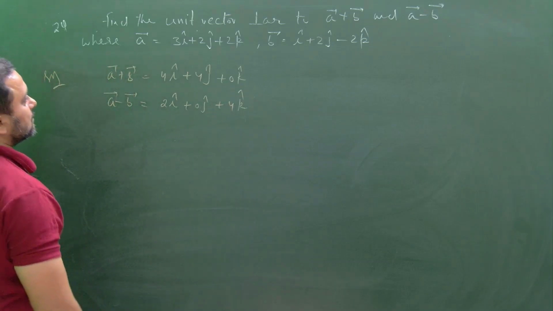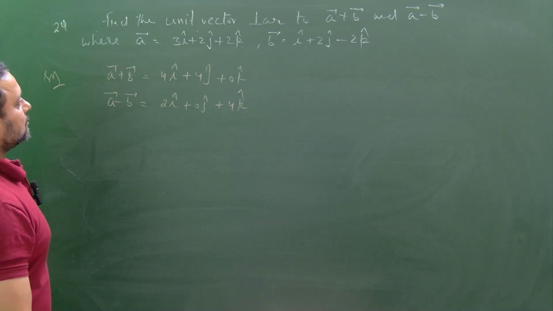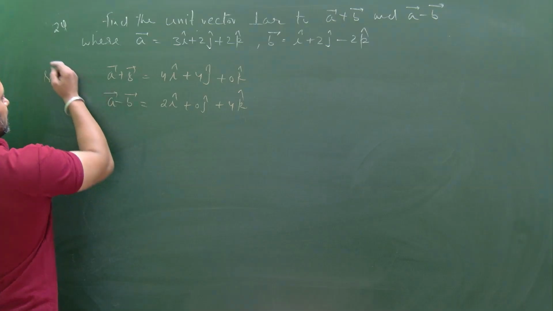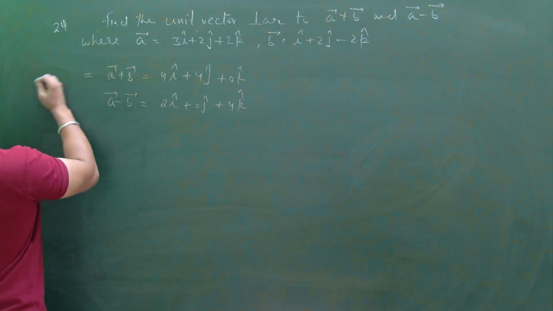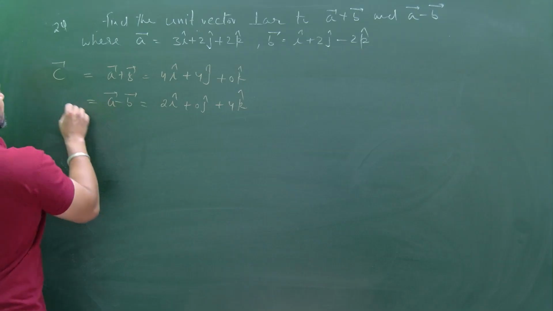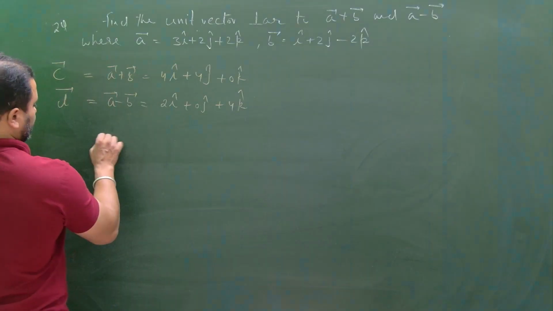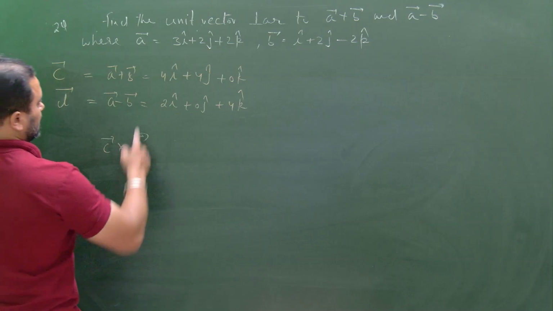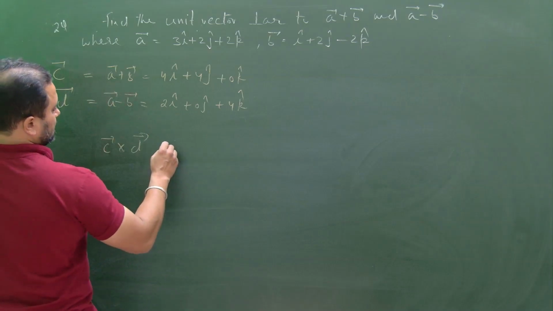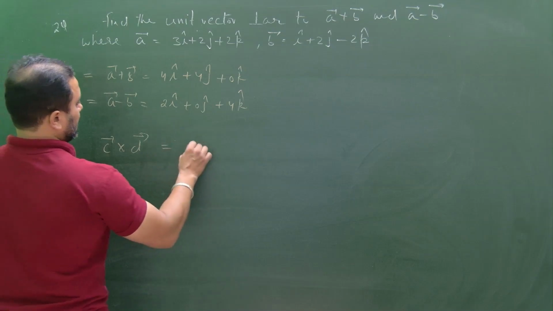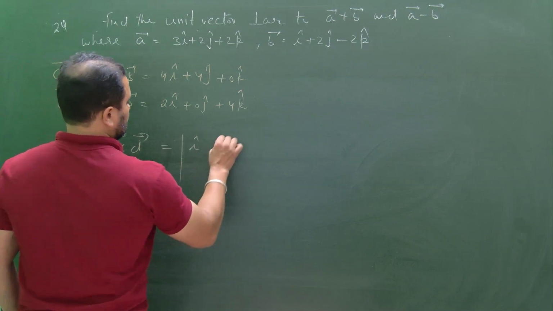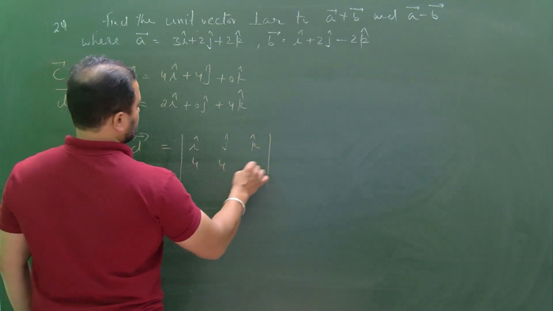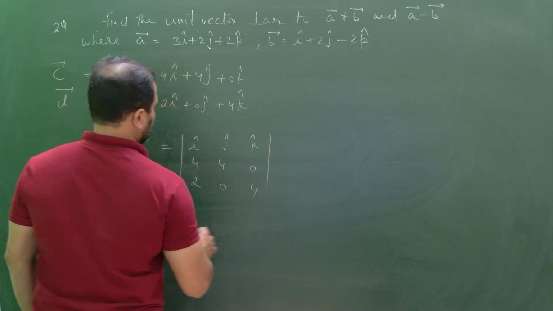हमें इन दोनों वेक्टर्स का एक यूनिट वेक्टर निकालना है which is perpendicular to each, जैसे हमने कल देखा था. अब a प्लस b को हम c वेक्टर नाम देते हैं, and a minus b को d वेक्टर. तो अगर हम यूनिट वेक्टर के लिए c क्रॉस d निकालते हैं, तो निकलेगा i j k upon 4 4 0, 2 0 4.